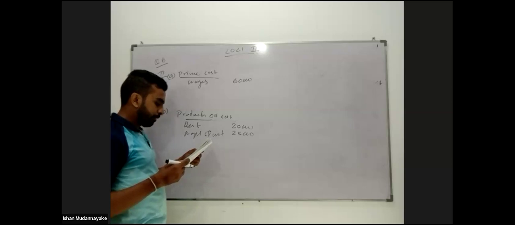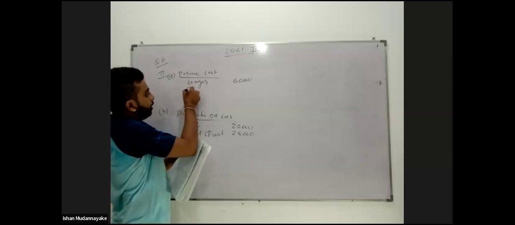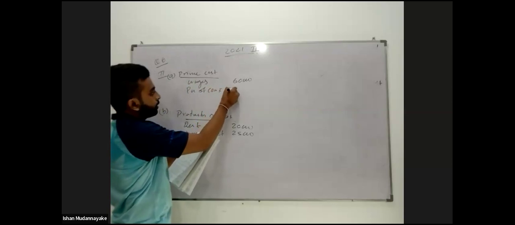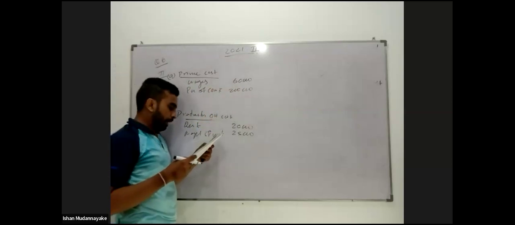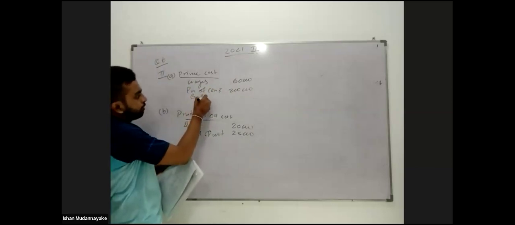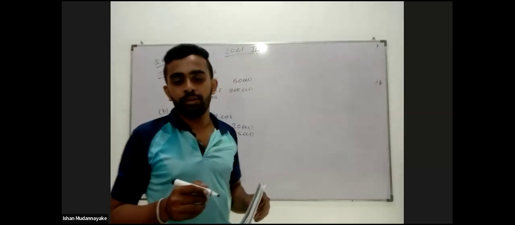Purchase of canvas fabric. Purchase of canvas fabric belongs to what? Purchase of canvas fabric belongs to direct material. Okay then, 200,000. And then bag design expenses. Now bag design expenses belong to what? Bag design is direct other, like royalty fee.